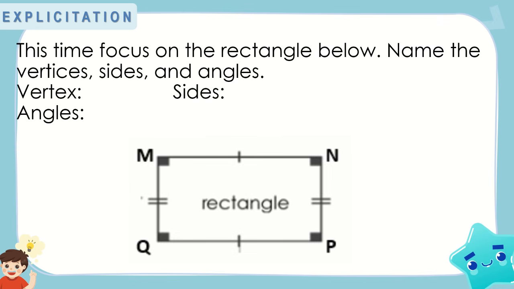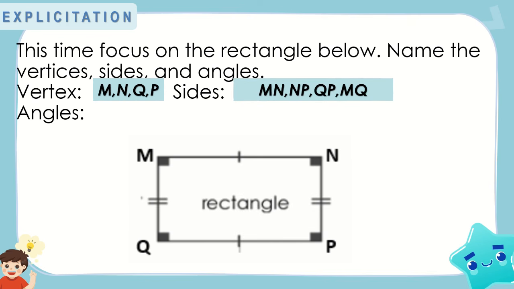This time, focus on the rectangle below. Name the vertices, sides, and angles. For the vertex, we have M, N, Q, and P. Sides, MN, NP, QP, and MQ.